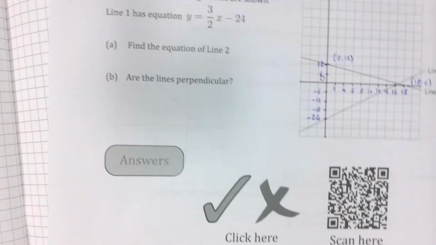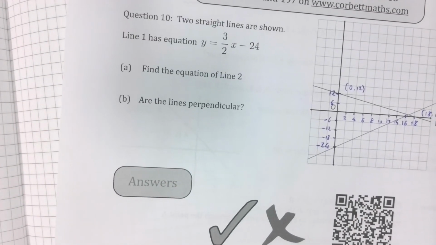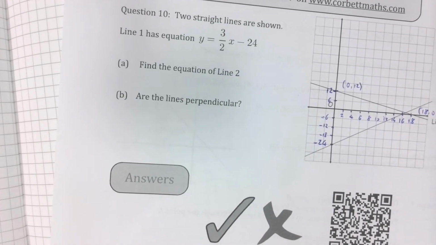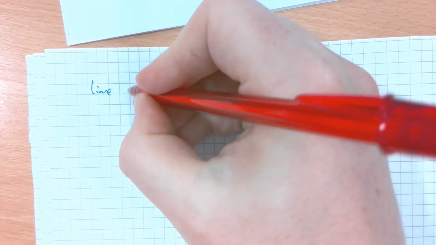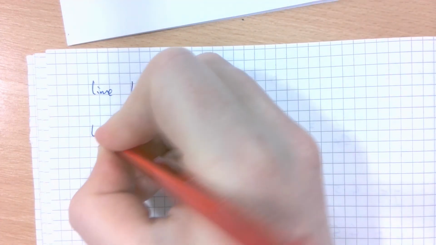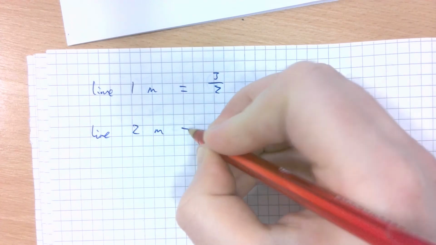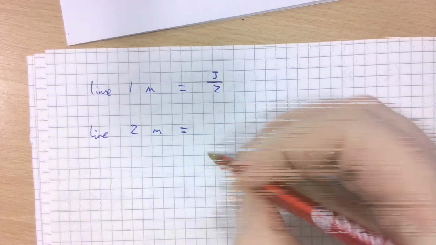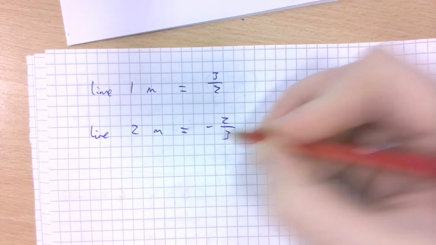Now, are these lines perpendicular? Good question. How do we check? Let's take a look. Take the gradient of line 1. Line 1 m is 3 over 2. And the line 2 m gradient is, we worked it out, minus 2 over 3.